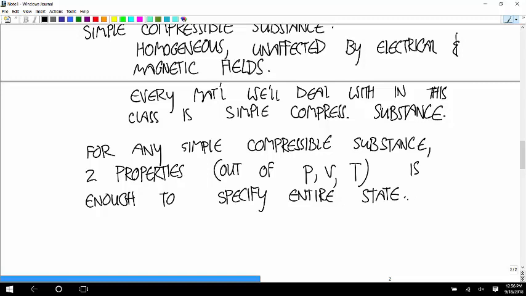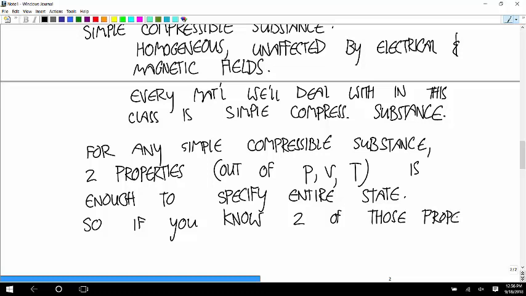Therefore, if you know two of those properties, you can find all the other properties at the state.